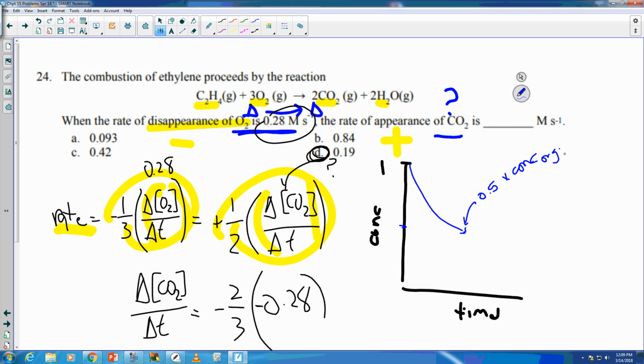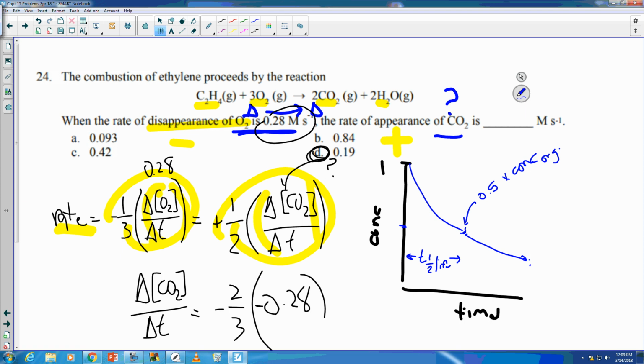All right, if it was 1, it would be 0.5. So that occurs in this period of time in one half-life. It's that period of time. Now the second half-life is the time that it's going to take to go from this concentration to cut in half. So go from 0.5 to 0.25, half the original.